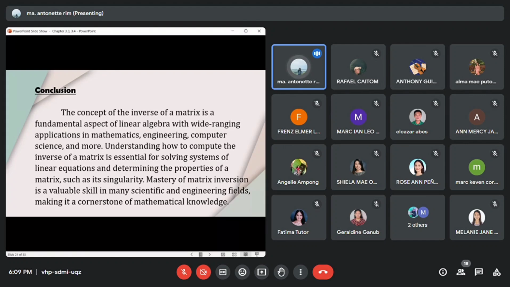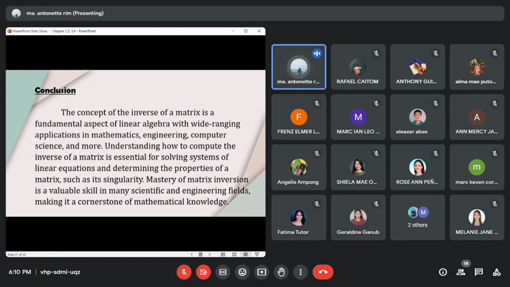So understanding how to compute the inverse of a matrix is essential for solving systems of linear equations and determining the properties of a matrix, such as its singularity. So mastery of matrix inversion is a valuable skill in many scientific and engineering fields, making it a cornerstone of mathematical knowledge. Okay, that's all for the inverse of a matrix.